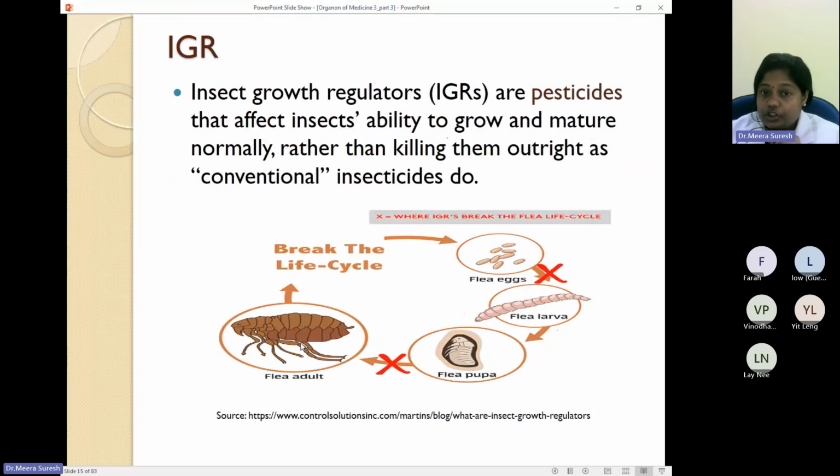So here the IGRs are not killing the organisms specifically as we do with an insecticide, but they are actually affecting its maturity, or not allowing it to complete its growth cycle. So this affects the ability to grow and mature normally rather than killing them outright.